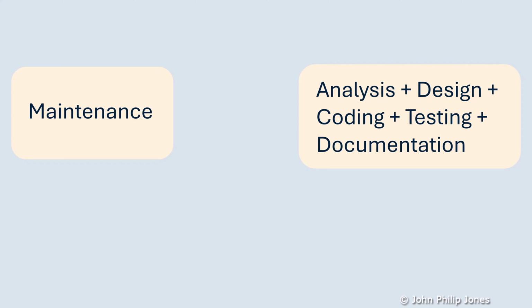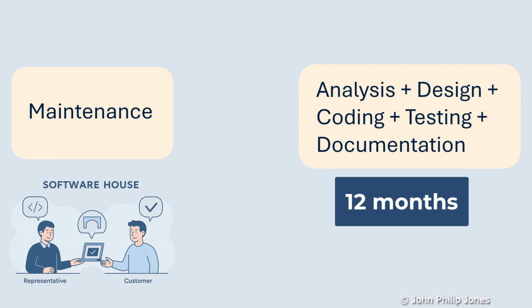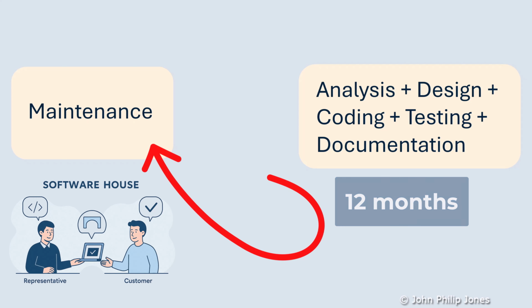And of course, people will be employed during the maintenance phase for the software product that's been produced for the stakeholder. For argument's sake, let's say that the software system took 12 months to develop, and after 12 months, the product is given over to the customer and we enter the maintenance phase.